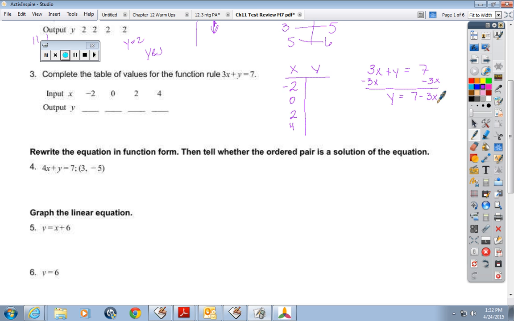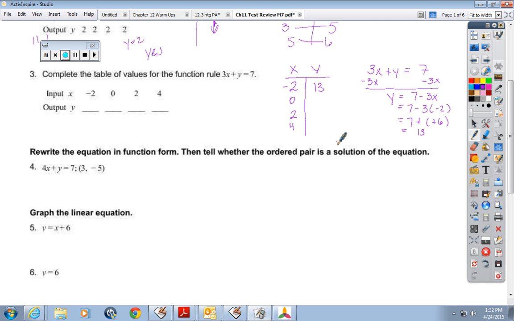Now we're going to go through and replace x with the numbers they told us. The first number to replace it with is -2. So I'm going to solve this. 3 times -2 is -6. 7 minus -6 is the same thing as 7 plus 6, which is 13. So when I replace x with -2, y ends up being 13.